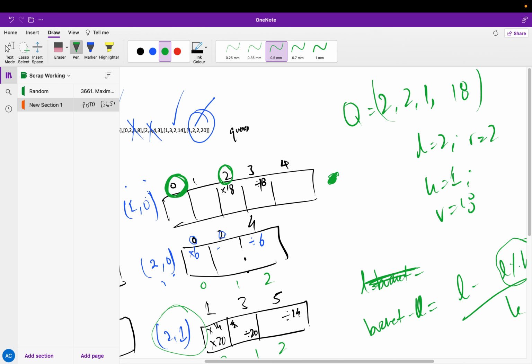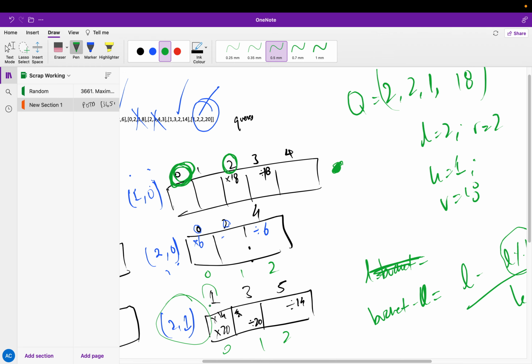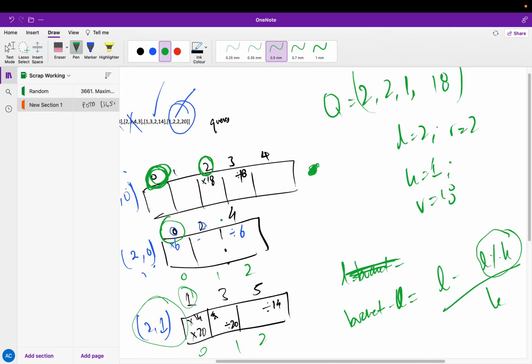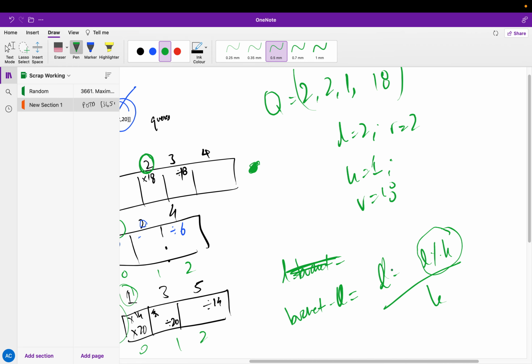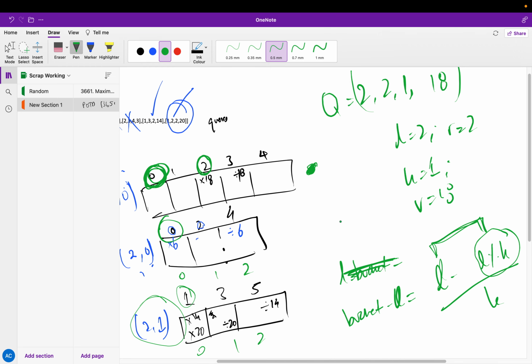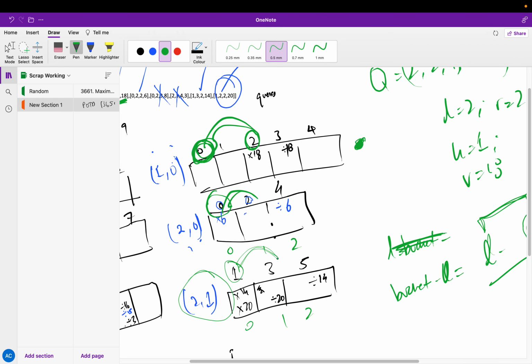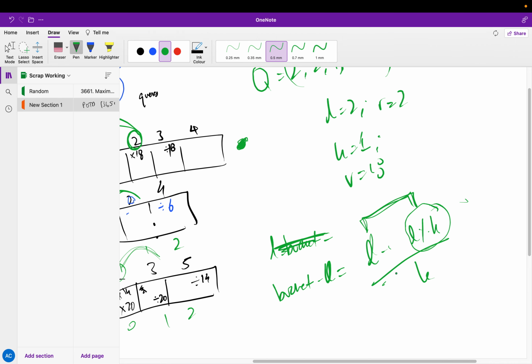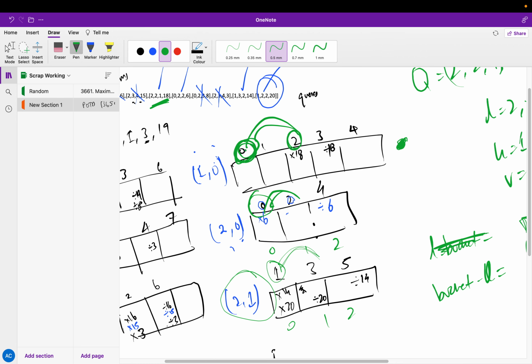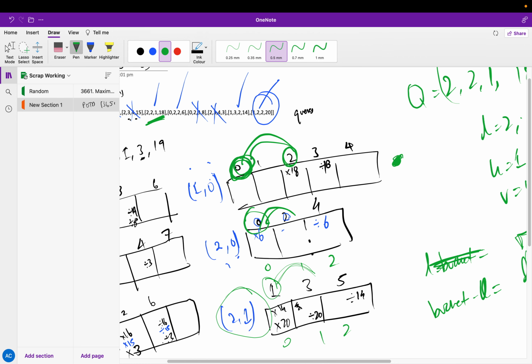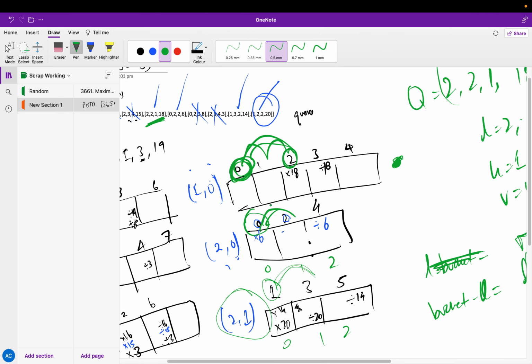That's how we calculate each of these indices. Minus the L, we get the distance between those two numbers, right? We get that distance when we do this top part. Dividing by K tells us how many jumps it takes to get to 2. So in this case, it takes 2 jumps. In this case, it takes 1 jump, because 1 to 3 with a jump of 2 gives me 1 jump.